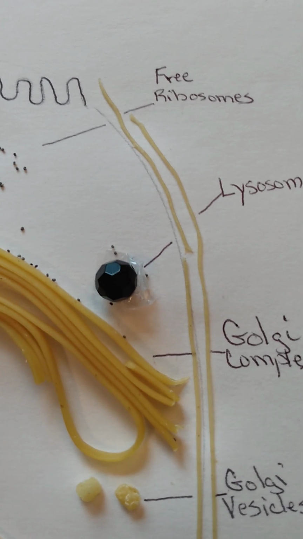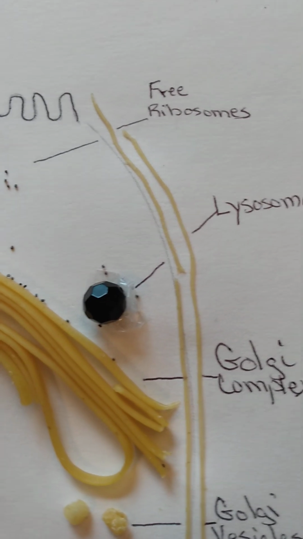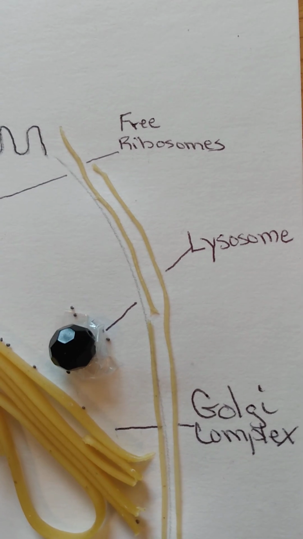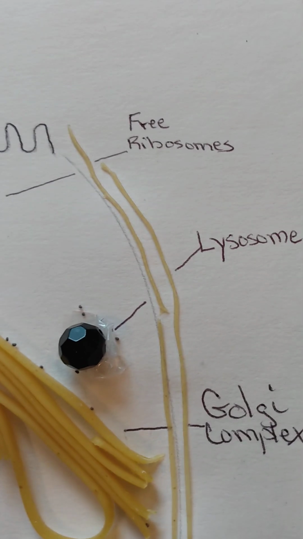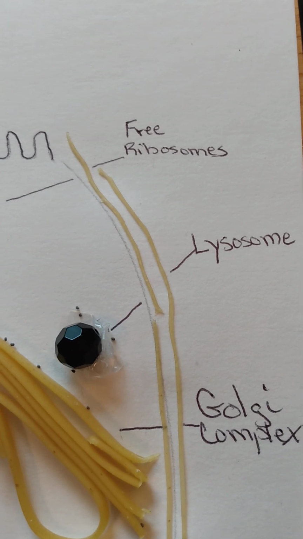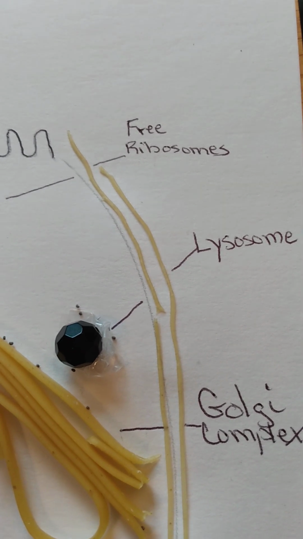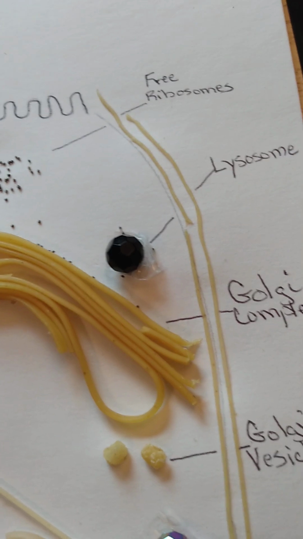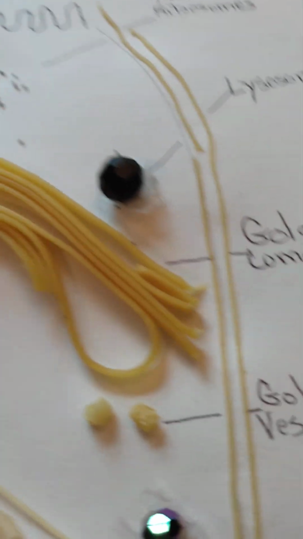Lysosomes are a package of enzymes bounded by a membrane. It's a specialized type of Golgi vesicle. It contains digestive enzymes. It travels through the cell and breaks down unwanted materials. And it's oftentimes darker than the peroxisomes.